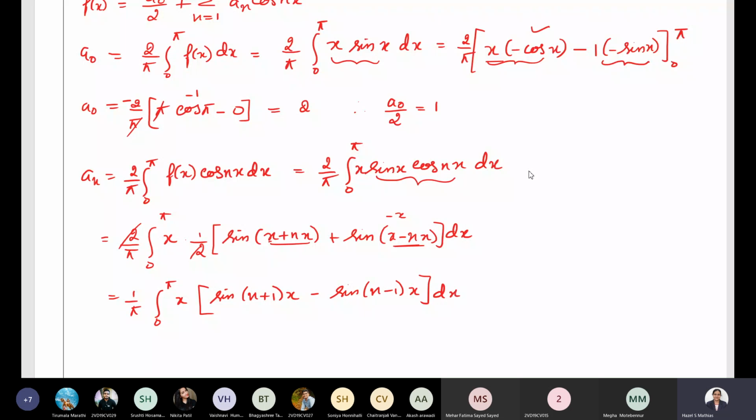This simplification we have done 2 to 3 times. I hope you all remember. Yes, this kind of simplification we have done at times. Remember? No? Don't remember?